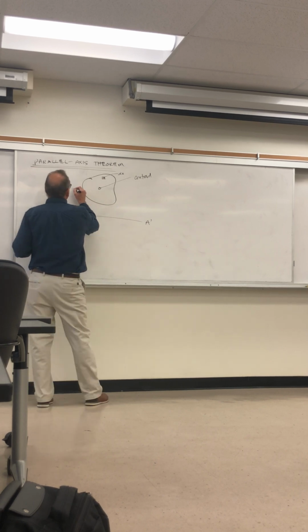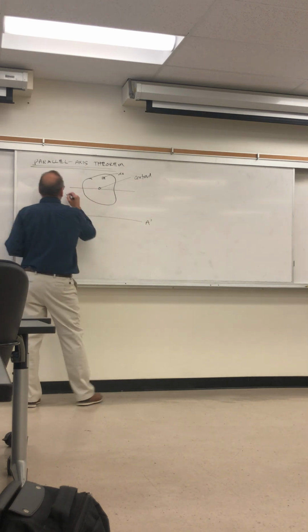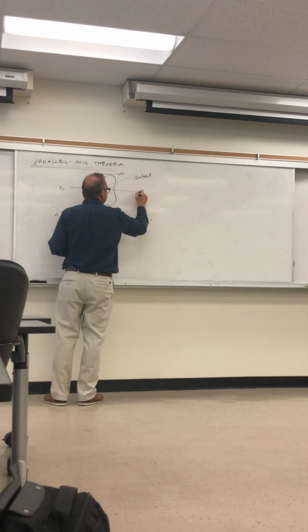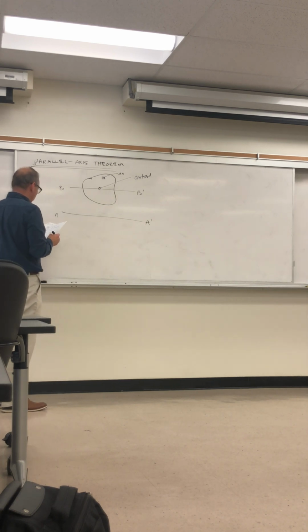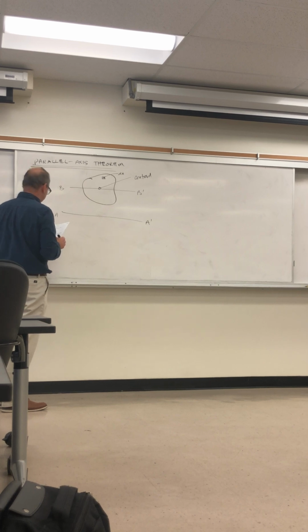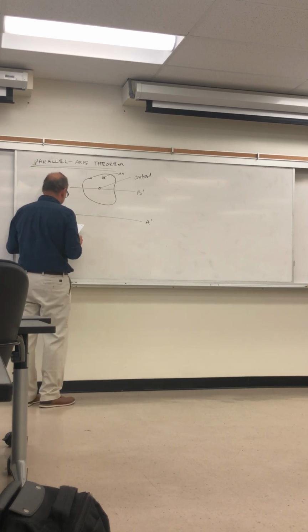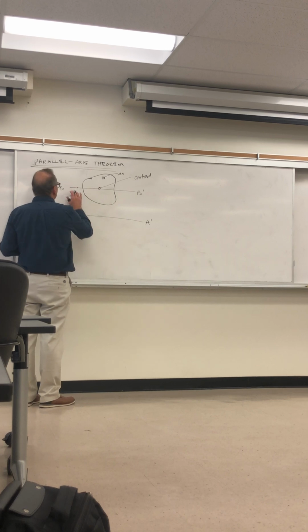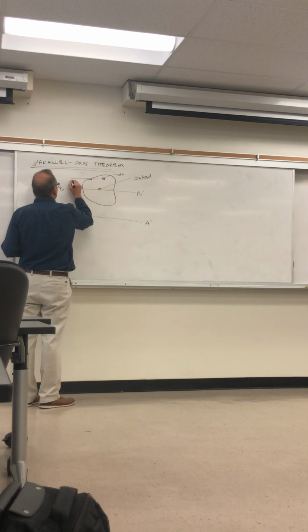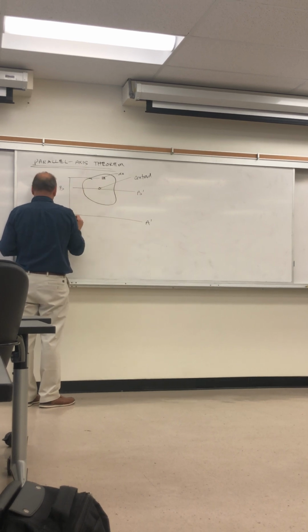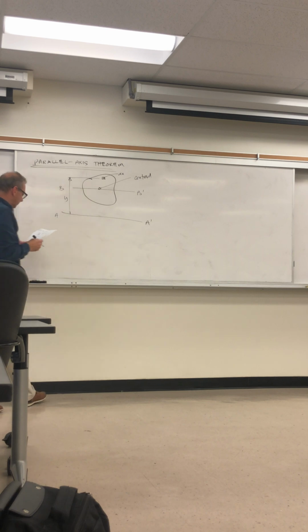I have a line here through the centroid, B prime. So from this differential area to here, that's y.